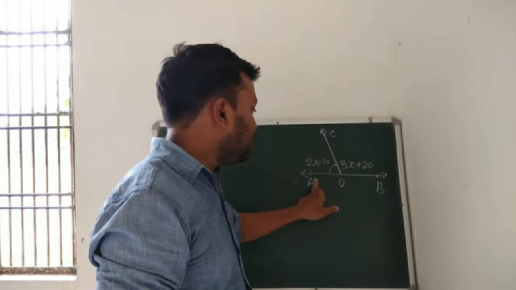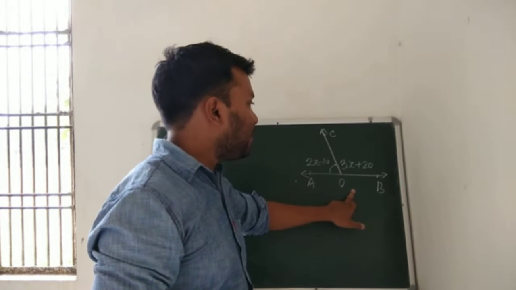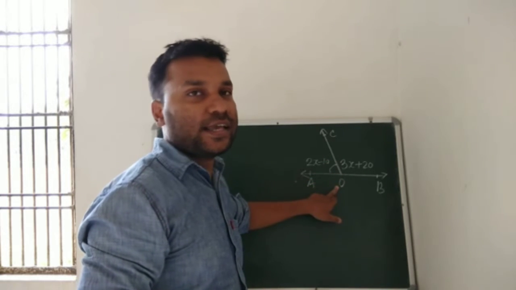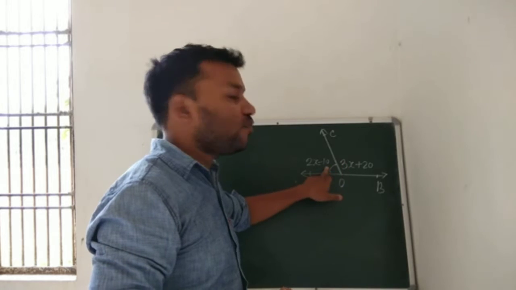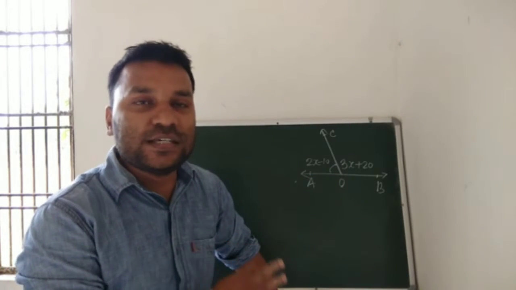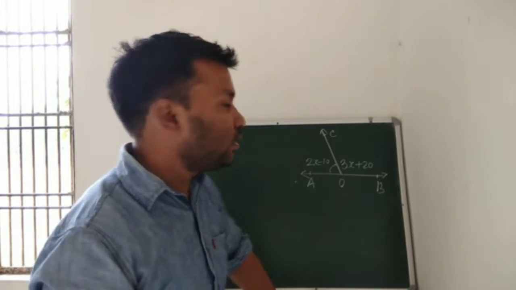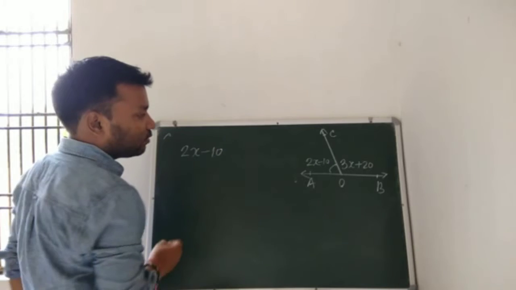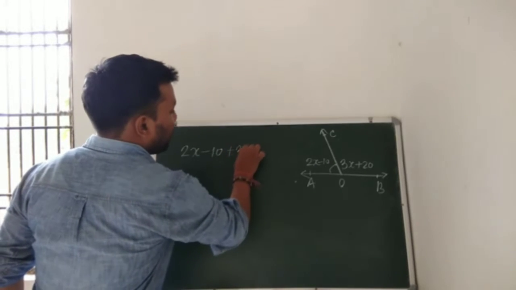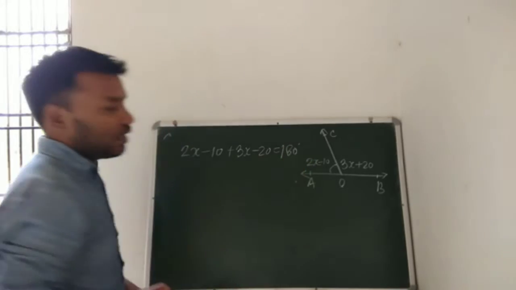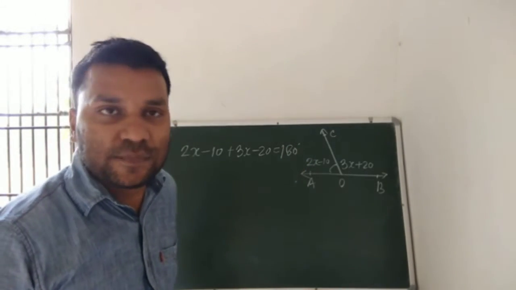As you can see here, a straight line AOB is given, a ray OC stands on it. So in this particular case, this pair of adjacent angles will be a linear pair, and the sum of the measures of these angles will be 180 degrees. That is why we can write here 2x minus 10 plus 3x plus 20 is equal to 180 degrees, and the reason for it is linear pair.